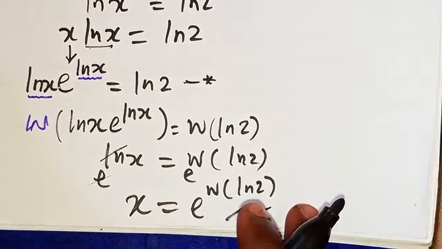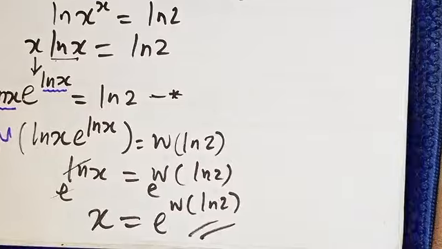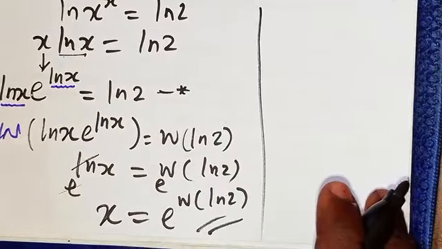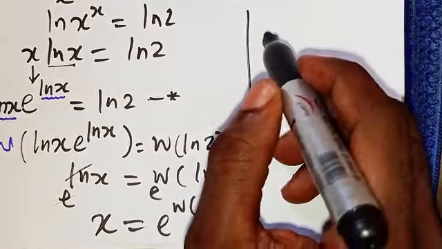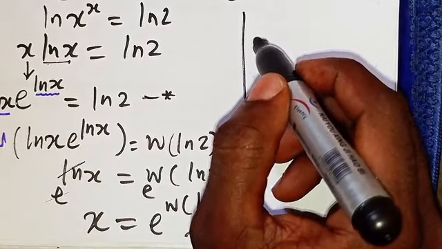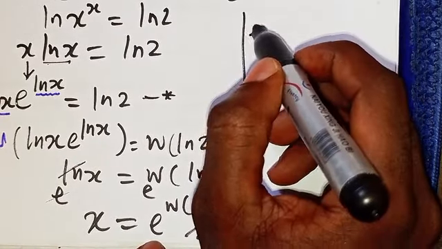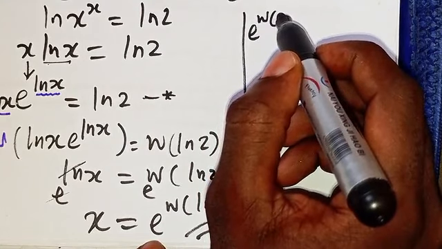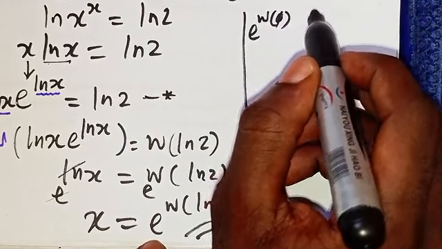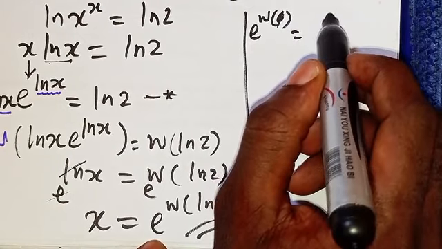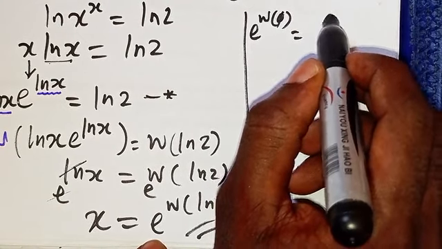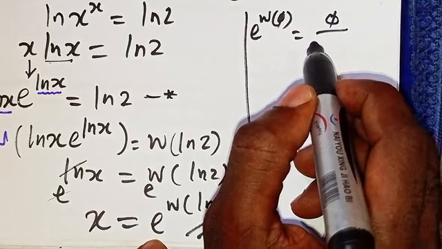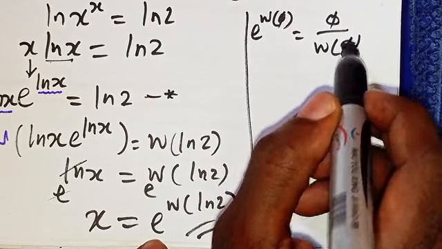But you can still rewrite this equation in another form. When you have this e, because of this exponential, if you have e to the W of phi, it is going to be phi over W of phi, right?